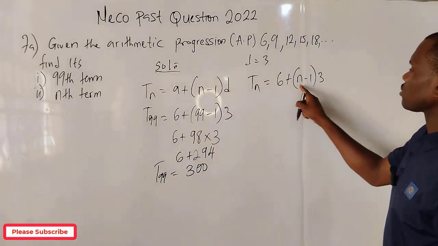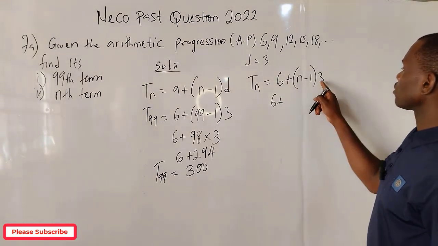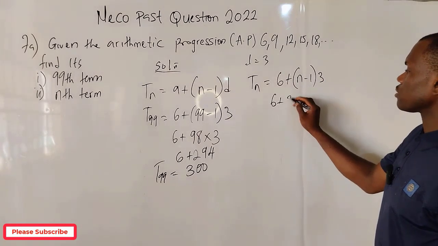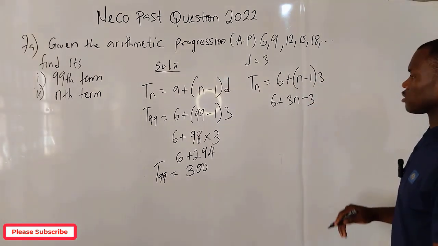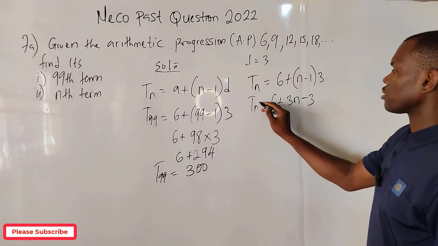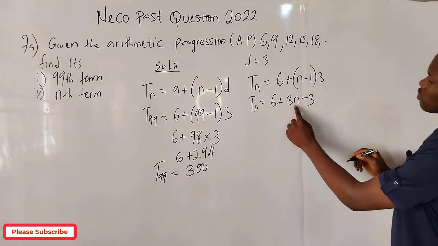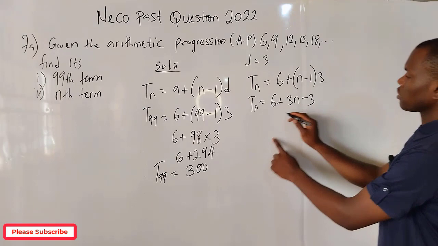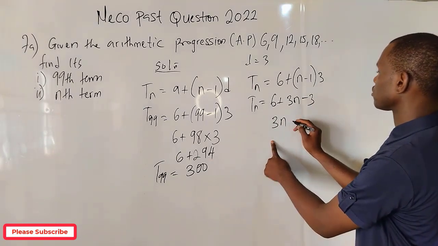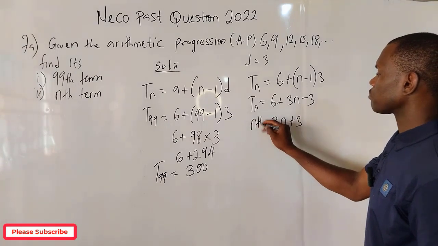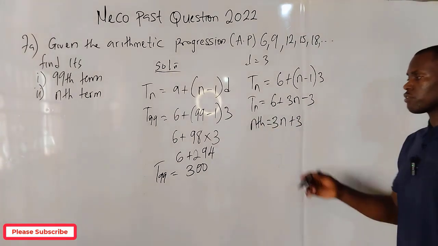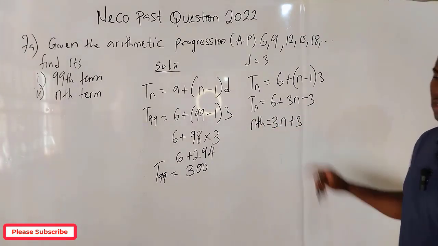We operate: 6 plus, open bracket, 3 times n, this is 3n, 3 times 1, this is minus 3. We are looking for the nth term. So 6 minus 3 will give me 3. Alright, so my nth term is given by 3n plus 3.